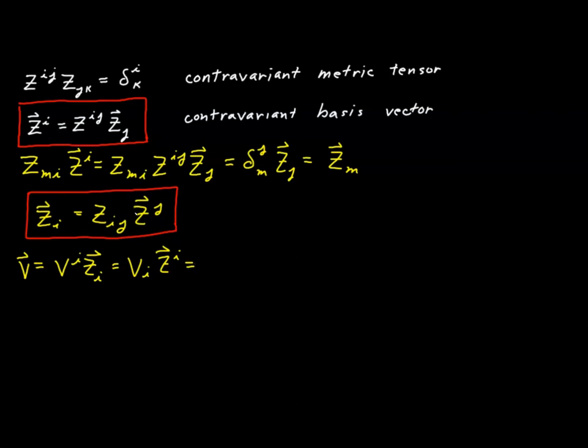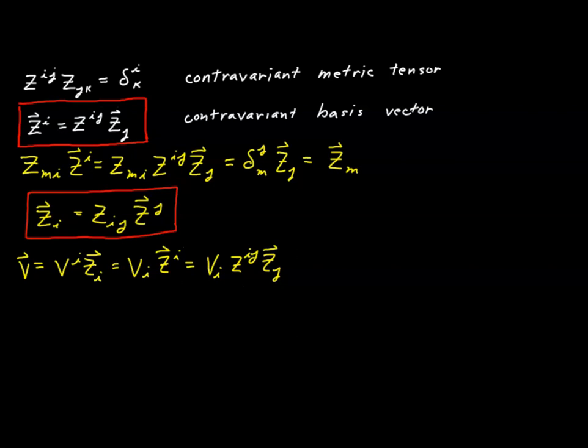Well, now that I have this kind of relationship where I can go back and forth, I can replace the contravariant basis vector here with the equivalent expression which we just derived, which is actually part of the definition up here. So I'm going to replace it this way. I hope you see what I've done. I have taken this expression and replaced it with this expression over here, like so.